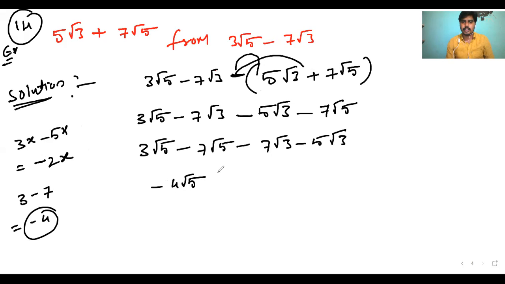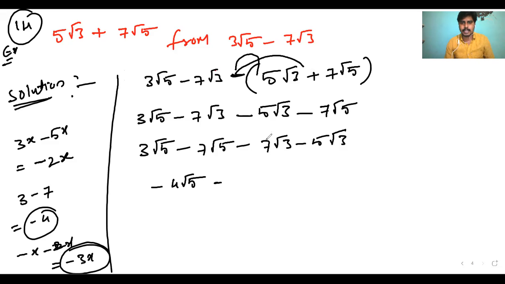Likewise, if you have minus x and minus 2x, it becomes minus 3x, right? So this is also minus 7 and minus 5, what becomes? Minus 12. So it becomes now minus 12 root 3.